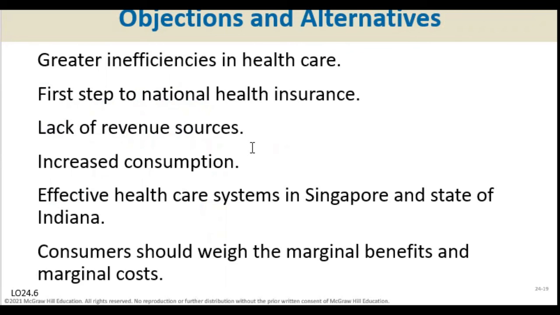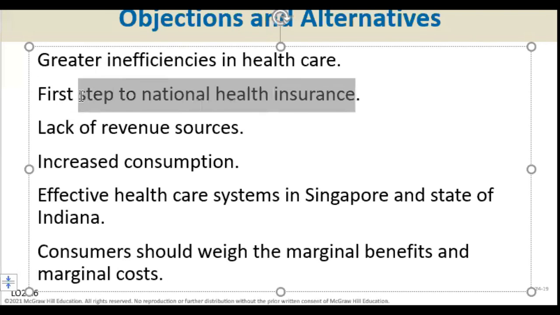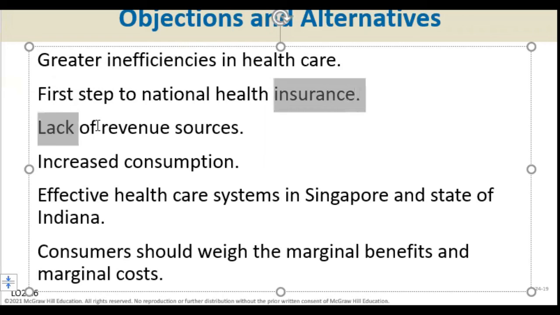The passing of the PPACA was not without strong opposition. And some of the major objections are listed here, right? Greater inefficiency in healthcare. People scared of the act as the first step to national healthcare, to nationalize the healthcare system.